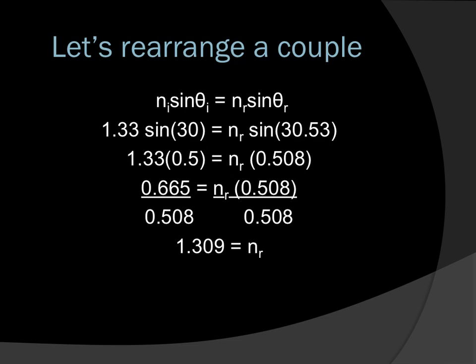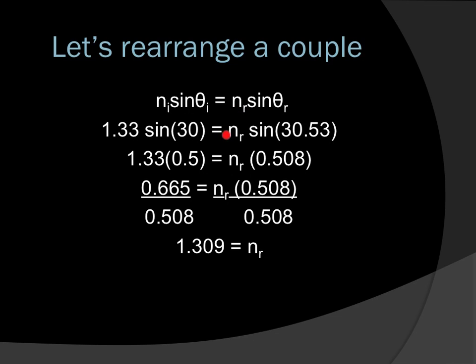So here's an example of us rearranging some of the math in this case. Here is Snell's law. Now let's plug in some numbers. Here's our index of refraction for the first material. There's our angle of incidence. Here's our angle of refraction.